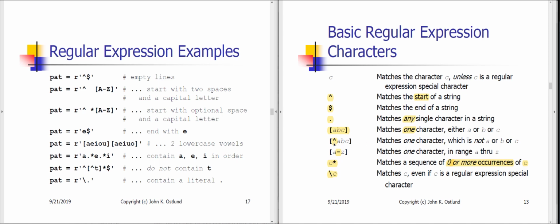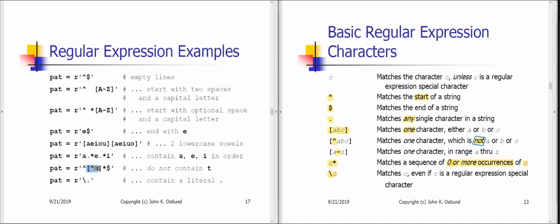But as a special case, if you use the caret as the first character inside square brackets, that means to match one character that is any character that is not one of the characters in the set. Okay, so caret and then some characters ABC means to match one character, but the character that's matched can be anything other than A or B or C.